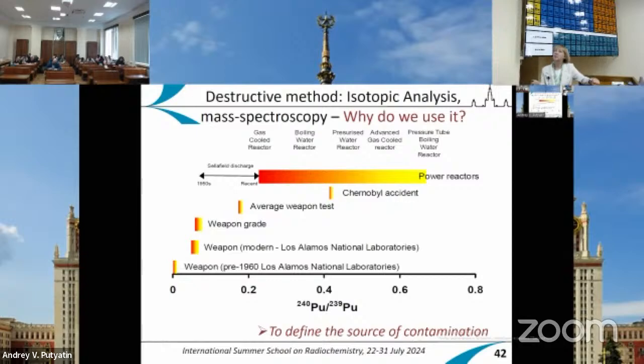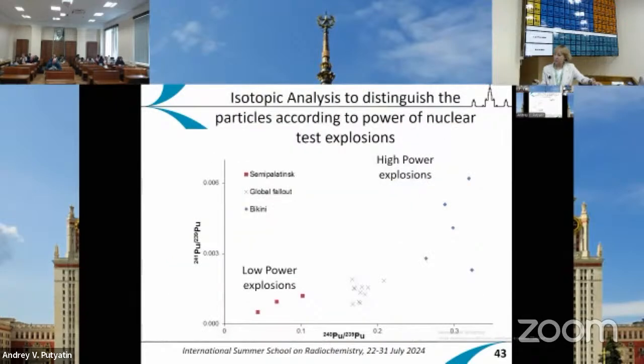The fact is that the plutonium isotope ratio depends on the reactor. There are different reactors with different kinds of plutonium isotopes. Weapon-grade plutonium has another kind of ratio, and if you compare plutonium-241 to plutonium-239 and plutonium-240 to plutonium-239, you can distinguish different powers of explosions during nuclear testing.